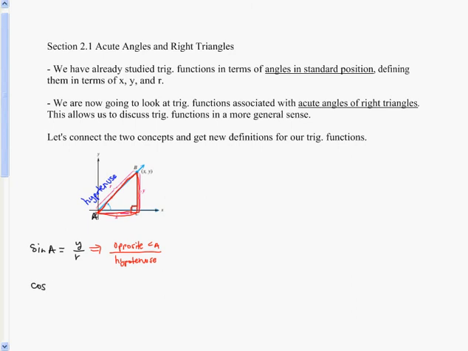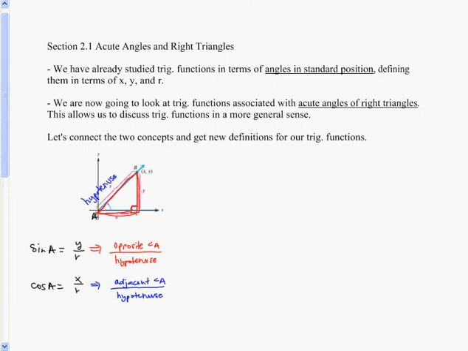Similarly, cosine of angle A we formerly talked about as x over r, but now we would look at it as the side adjacent to, or beside, angle A over that r, which is now the hypotenuse.